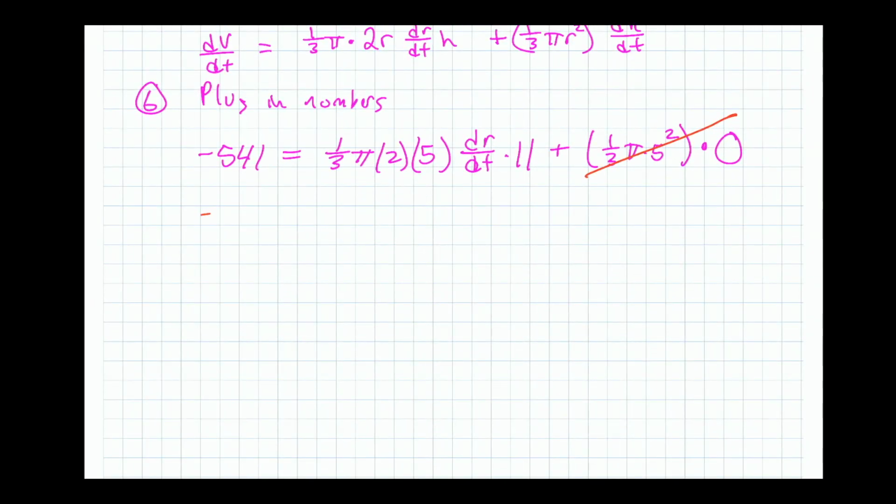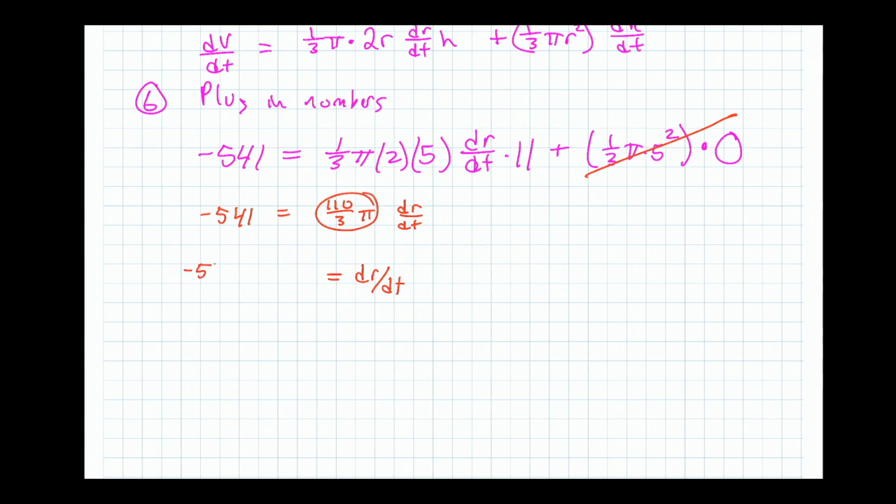So what we have is negative 541 equals, multiply this all out. 2 times 5 is 10 times 11 is 110. 110 over 3 pi dr/dt, if I did that right. So dr/dt, which is what we're solving for, you're going to have to move all this to the other side.